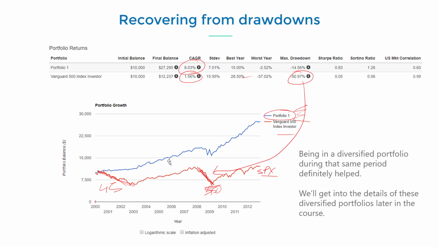But if you compare that to the blue line, you can see that the blue line, even during the same period, only drew down, let's call it 15%, which is far, far more reasonable than what you got with the market. So while the market went nowhere for 13 years, you can still have a portfolio that basically gave you decent performance.